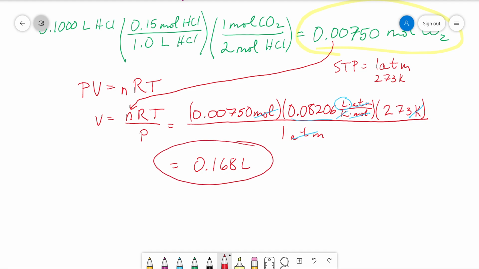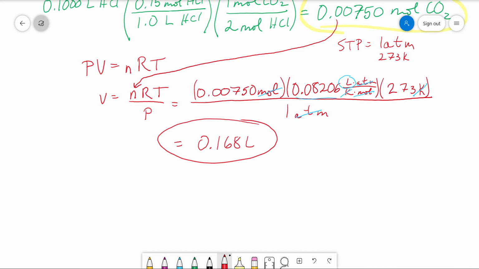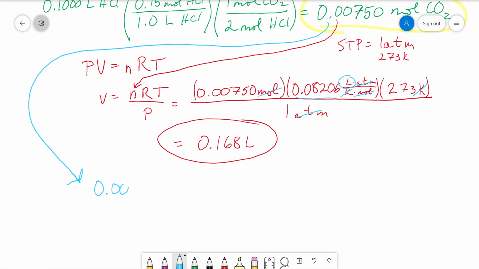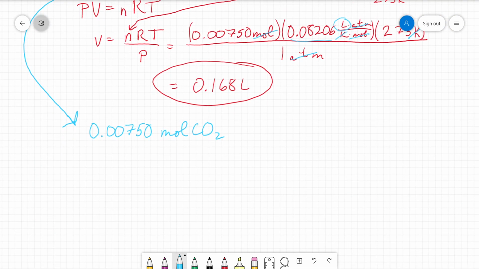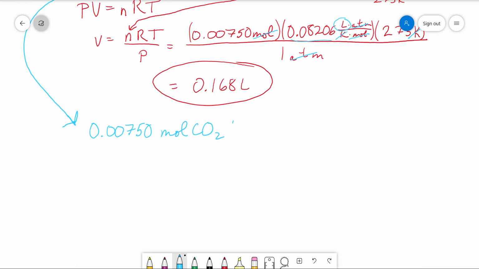Let me show you one quick alternative way to solve this problem. Again, taking that 0.00750 moles CO2. Because this is at STP, we know the molar volume of any ideal gas, and we assume all gases are ideal until we get to the very end of the chapter, and I'll tell you otherwise.